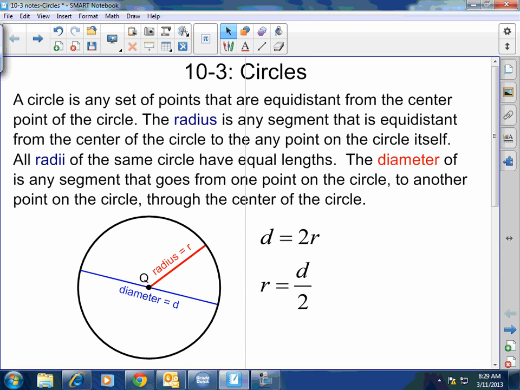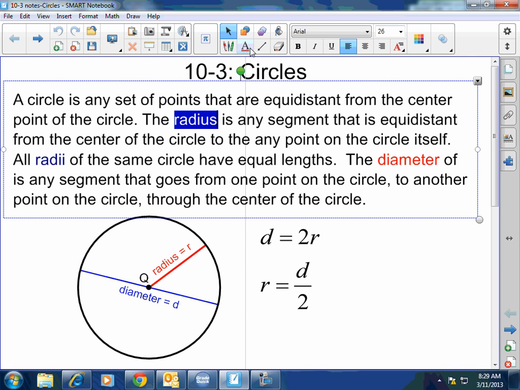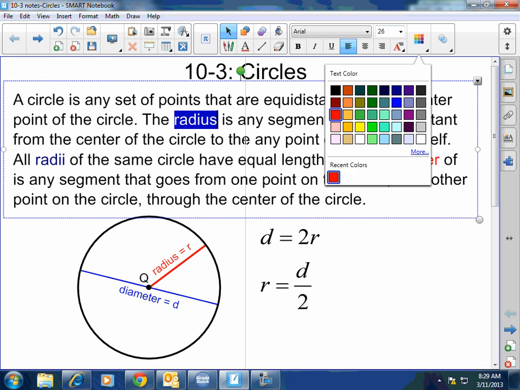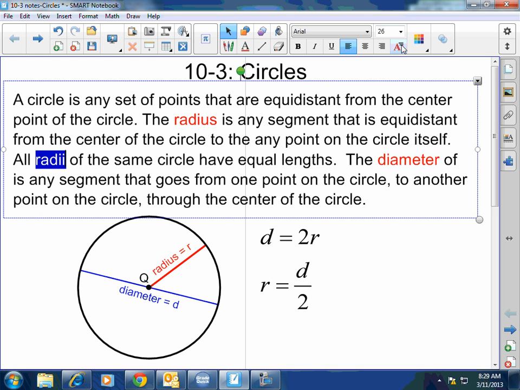The radius is a segment that goes from the center of the circle to any point on the circle itself. Okay, so in this particular case, I should have done this red, so I'm going to change this so it doesn't confuse you later. That's red. That's red.